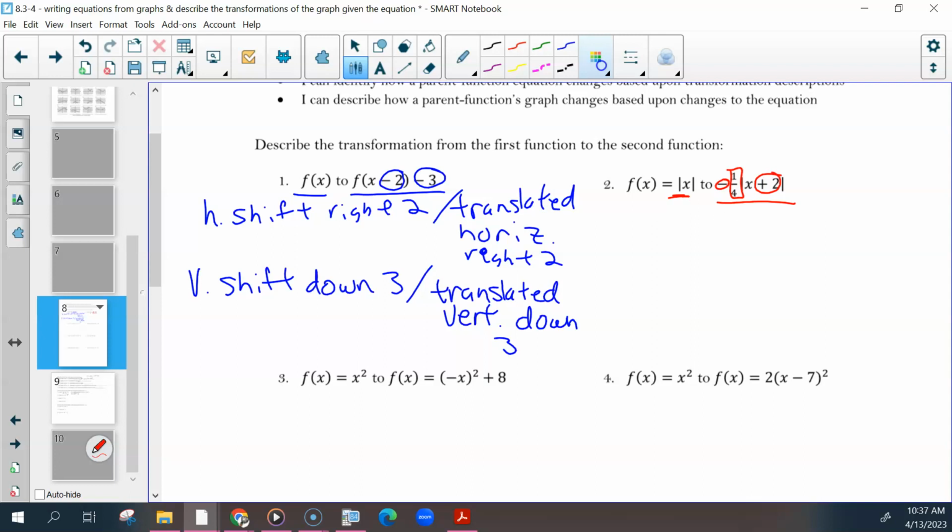The negative and the 1/4 are on the outside, so those are going to be vertical things. What would the negative do? Not shift. Okay, so you were both right: compression for the 1/4, reflection for the negative. So we'll do both. We can write it as vertical reflection, or that it reflected over the x-axis.